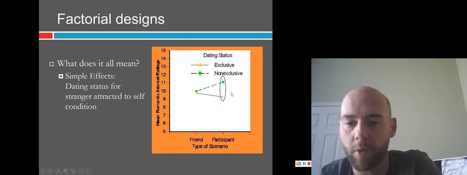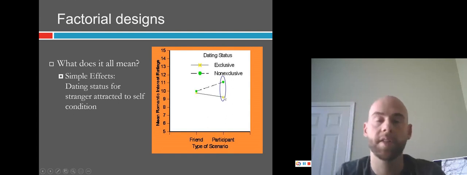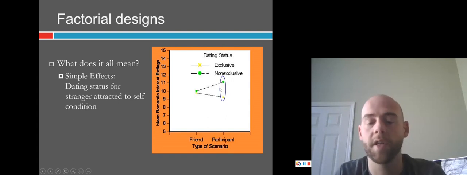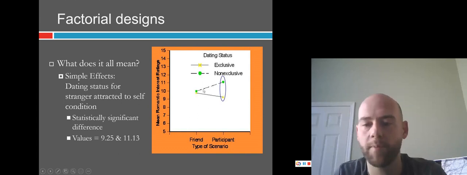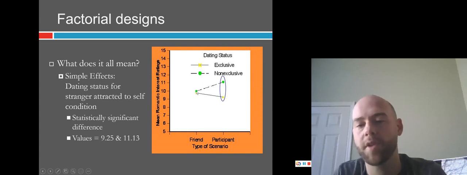These are very similar values, not much of a change. The other one where we see more action, the participant attracted to participant condition, you see a pretty big difference going on here. And you can tell that these things are significantly different. If you run a test, then you actually would find that these are very, very different. But then it leaves the question open, does type of scenario matter within these different conditions?